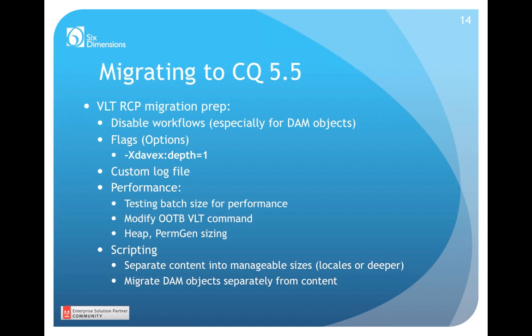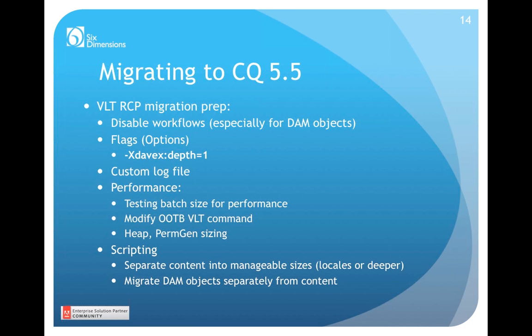This is because it's possible to run into a sort of a race condition where if you're migrating content, DAM from the source to the destination, while the migration is running and it's importing images into the destination repository, well, if the workflows are running, those listeners that are running in that repository will see that there's new image objects and start creating the renditions in real time for those images.